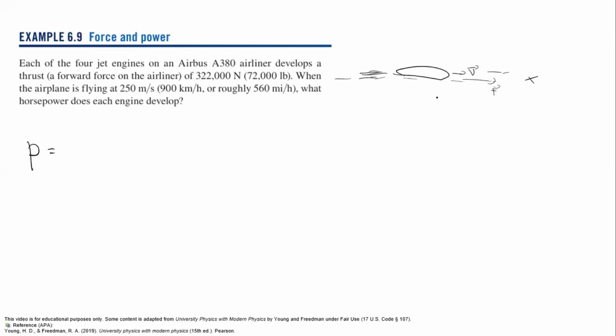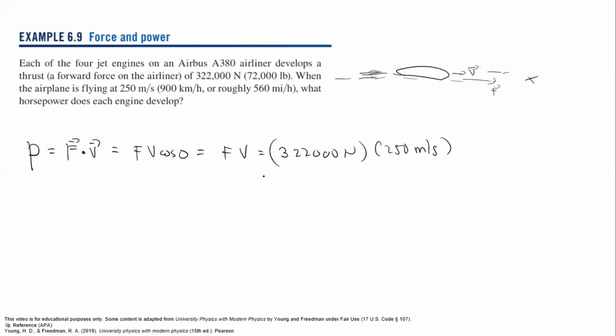Okay. So we have just force times the velocity. In this case, they have the same direction, so we have F times V cosine of 0, or just FV. So we have the force as 32200 Newton times 250 meters per hour.